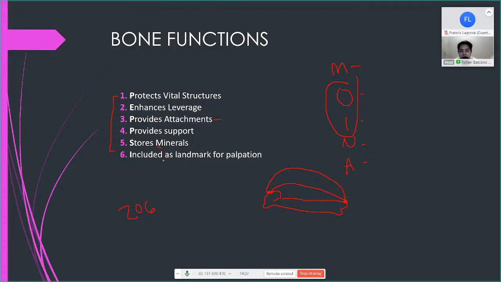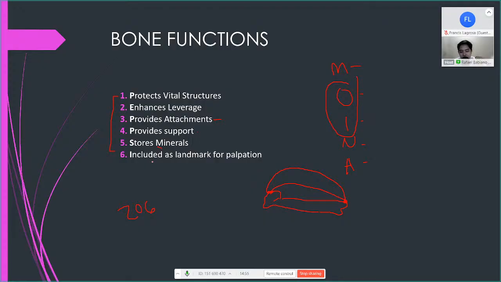And last, it is included as a landmark for palpation. As I said, there are different parts of the bones. So if you're a physical therapist already, or even second year, third year, you are now starting to assess patients. When you're assessing patients with different injuries, you can use the bones as a landmark to palpate the different conditions.